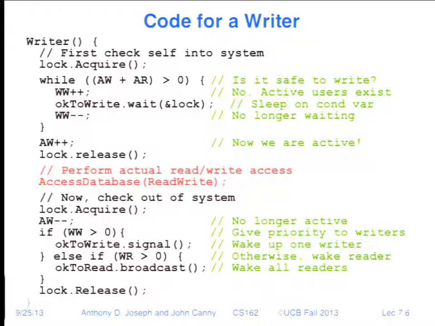Yeah, if there's somebody actively writing, this variable is going to be greater than 0, so this test is going to succeed, which will keep you in the loop and keep you waiting until somebody signals you that the resource is free.